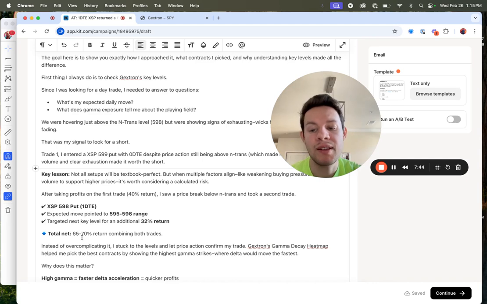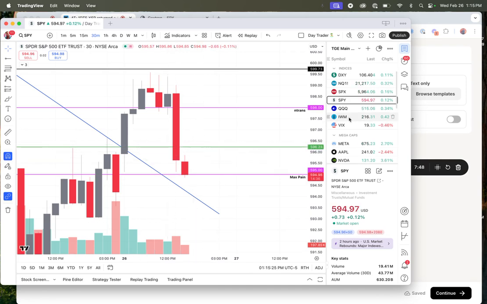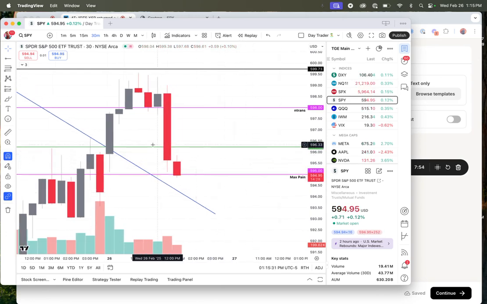Total net profit was around 65-70% return. I didn't hold the full position because I just didn't want to be in the trade anymore. I was done with it, and it was around this level right here where we took our profits and I called it a day.